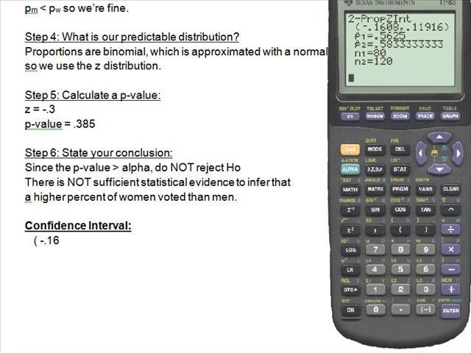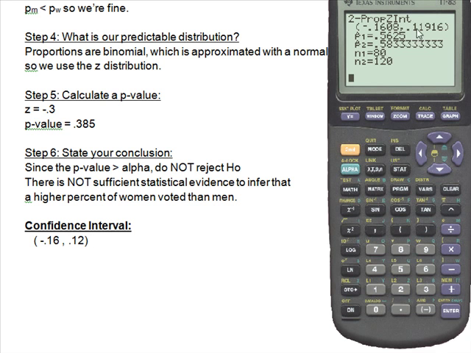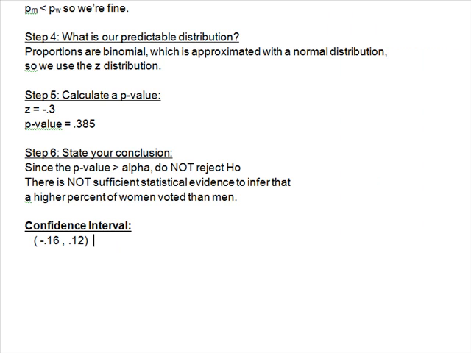Let's check back, 0.16, yep. And to a positive 0.12, let's check that again. And we'll go into a calculator, and it was basically 0.12, okay. Or we can write it as percentages, a negative 16% to a 12%.